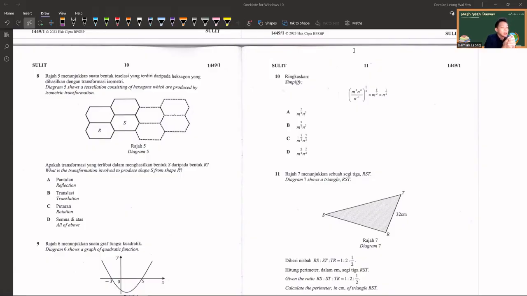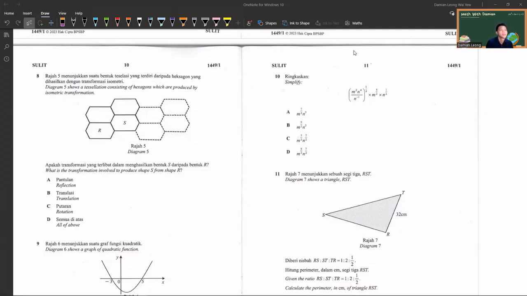Pantulan adalah transformasi yang tidak mungkin, berdasarkan kedudukan bentuk R dengan bentuk S. Sebab bagaimana kami memantul dia, kami tidak boleh transformasikan bentuk R ke bentuk S. Putaran juga tidak mungkin, sebab kalau kami memutar dia, lokasinya juga tidak akan berada dalam kedudukan yang betul.